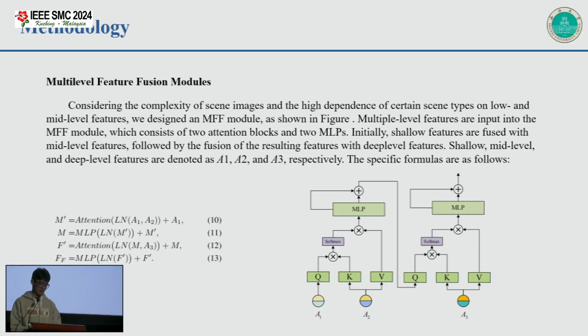Initially, shallow features are fused with the mid-level features, followed by the fusion of the resulting features with deep level features. Shallow, middle level, and deep level features are denoted as A1, A2, and A3, respectively. The specific formulas are as follows.